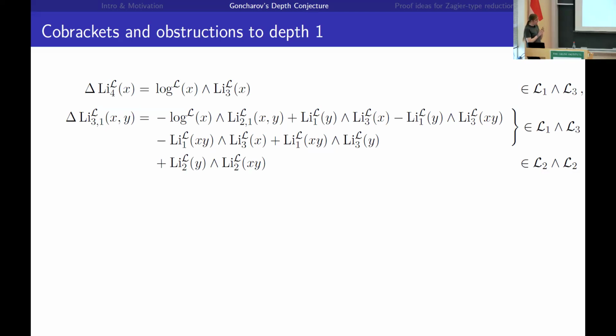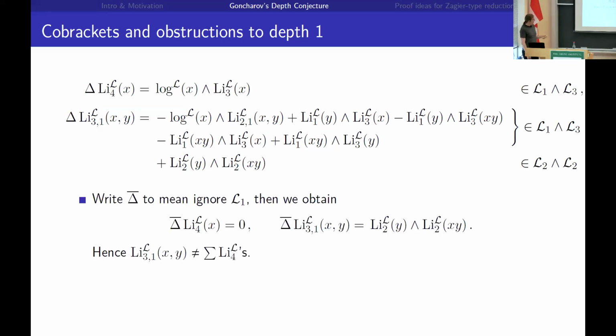And so this is somehow telling us that the depth 2 polylog Li3.1 is really not at all related to depth 1 things. Because if we just ignore anything that's weight 1 in this setup, and I'll write the coproduct with a bar over it to mean that, then this reduced coproduct, that's what one calls this thing.